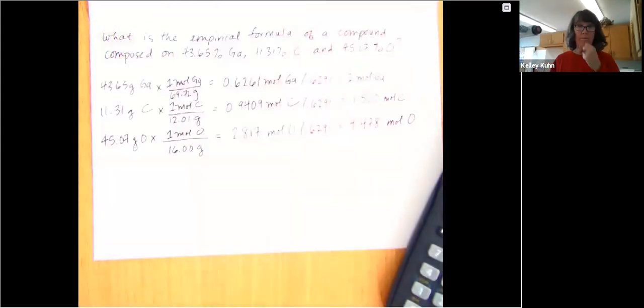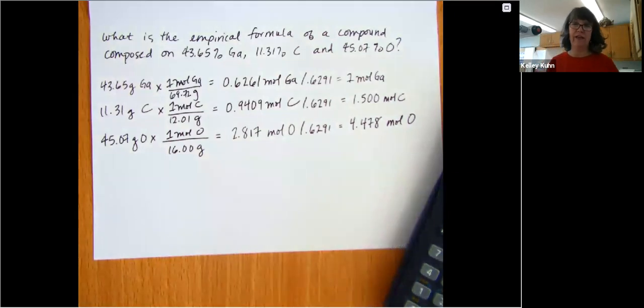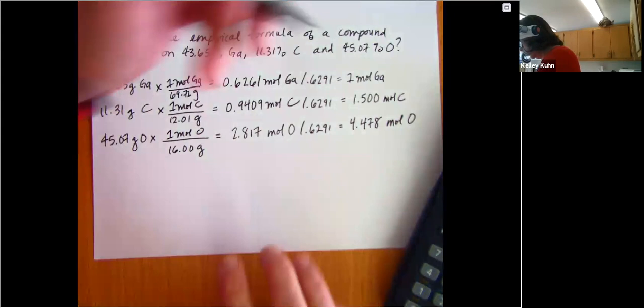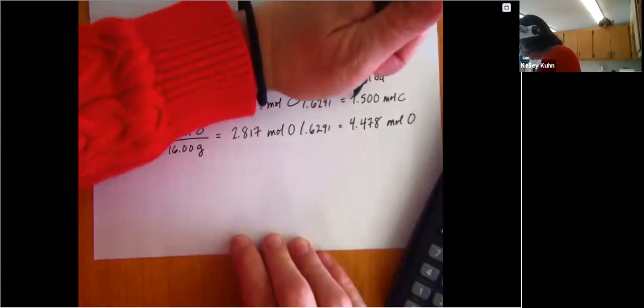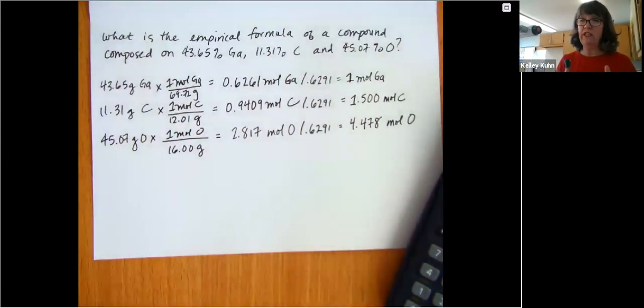Now, bad news, sorry about that. It takes my camera a second to catch up. So this is not close enough to a whole number to round, right? I do have a 1 here and I have a 1.5, but they have to be really close to a whole number. So occasionally you have to take a last step and multiply through by another whole number to get to a whole number ratio.